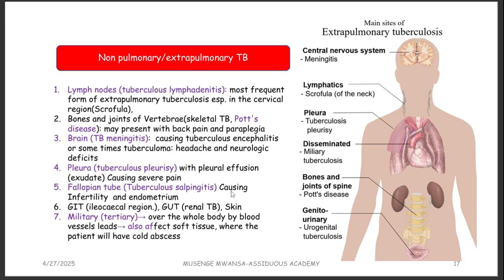Exudate pleural effusion means that there are cells in this fluid that is accumulating in the pleural cavity. You also have GI TB, specifically affecting the ileocecal region. Take note of that for the sake of an MCQ. And then GUT, the renal TB. Miliary TB is also referred to as tertiary TB because it affects the entire body.